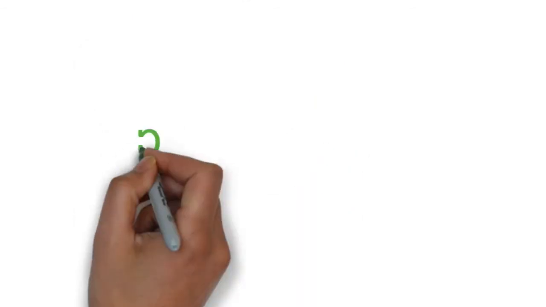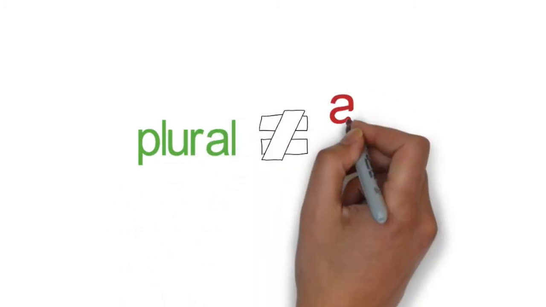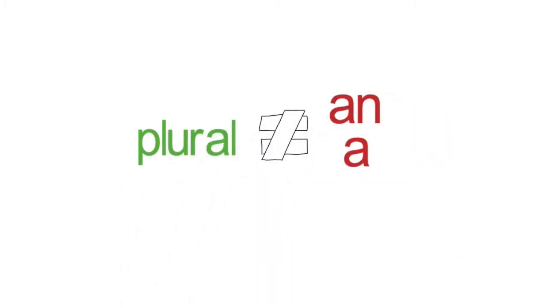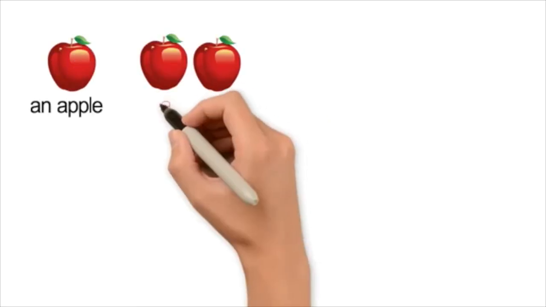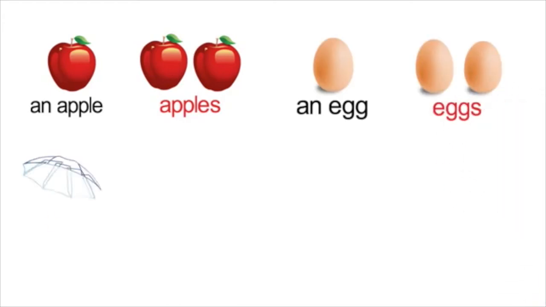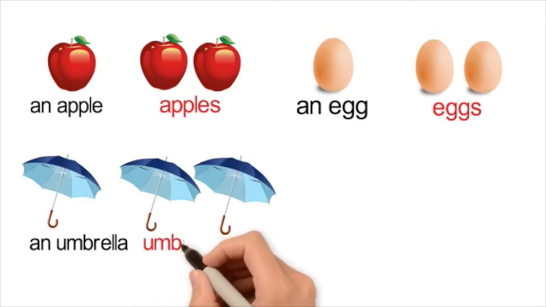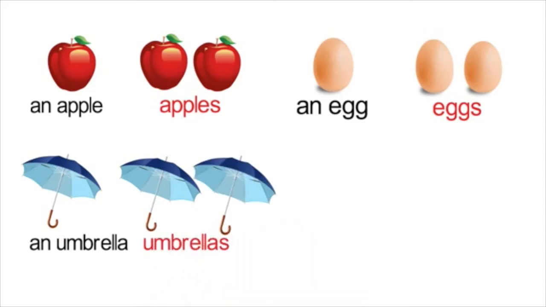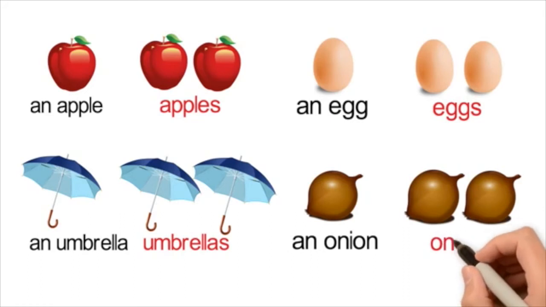However, if it is a plural, it does not have an or an a. So an apple becomes apples, an egg becomes eggs, an umbrella becomes umbrellas, an onion becomes onions, an igloo becomes igloos.